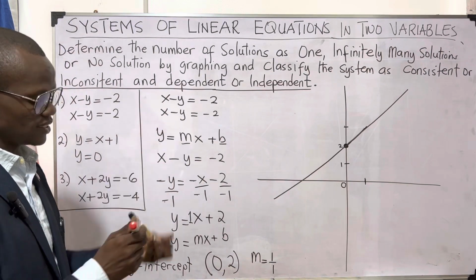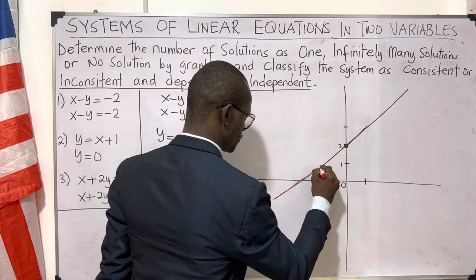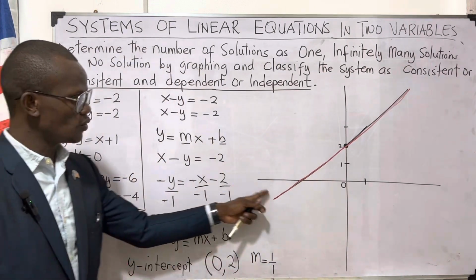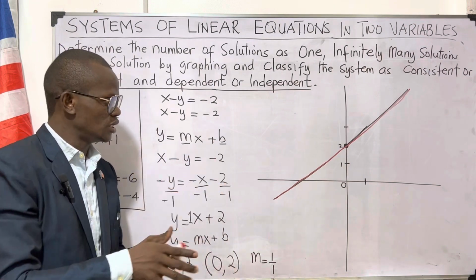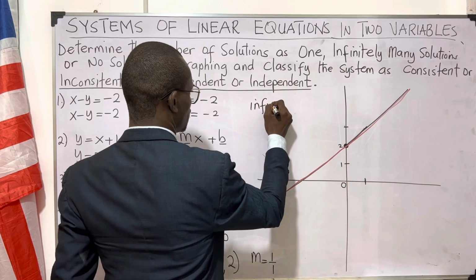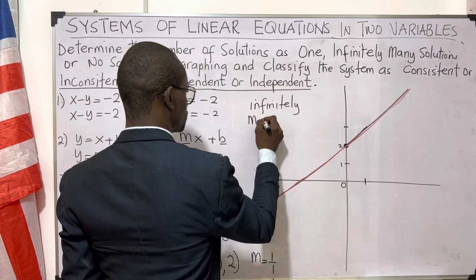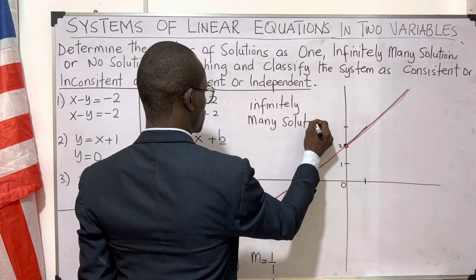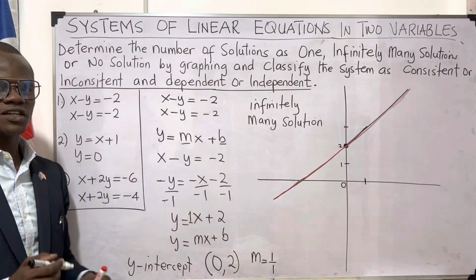Since the equations are the same, the next graph will just run through this initial graph. Because the two graphs coincide with each other, running through each other, we will have infinitely many solutions for this problem.